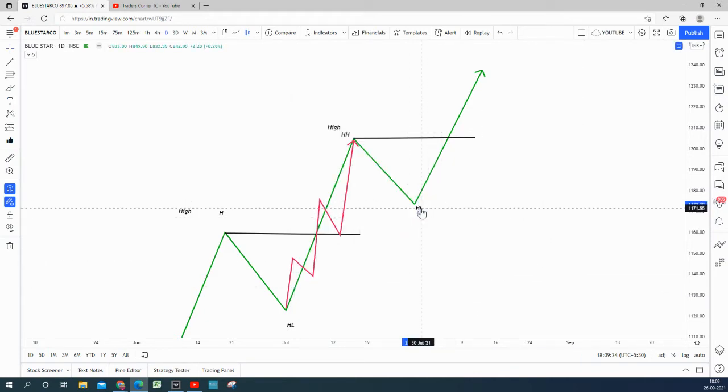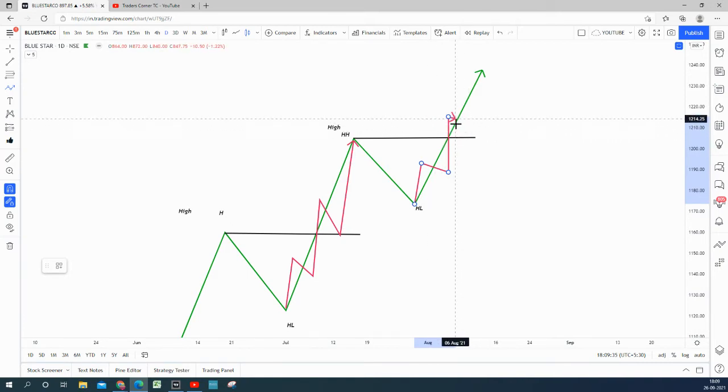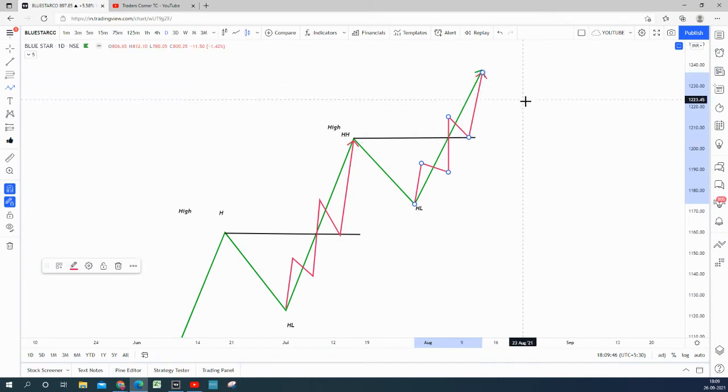Again, wait for price to close above this point, and once the price closes above this high, wait for a minor pullback or retracement to happen, and you initiate a trade here. You buy here and wait for higher targets.